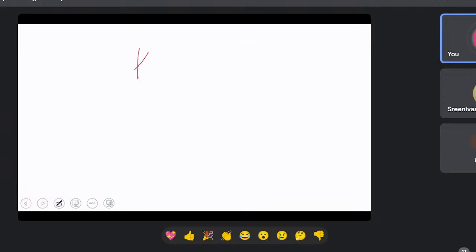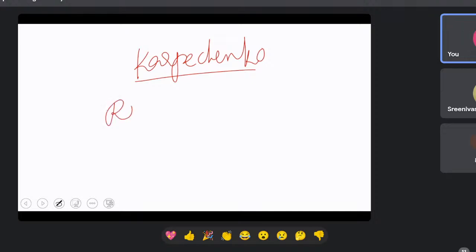For the first time, a scientist called as Karpachenko introduced the polyploids to the world. మొట్టమొదటిసారిగా కార్పచెంకో అనే శాస్త్రవేత్త పాలీప్లాయిడ్స్ ని ప్రపంచానికి చూపించాడు. By creating a plant called as Raphanobrassica.